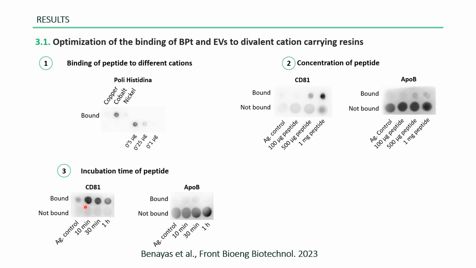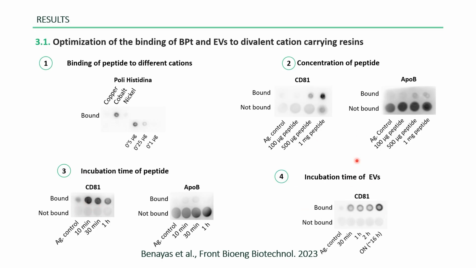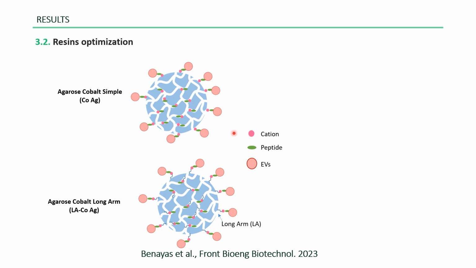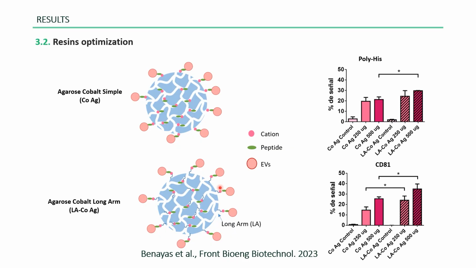And also we optimized the time of incubation of the peptide with the beads and then of the extracellular vesicles with the beads. We also checked whether a longer spacer in the resin affects binding, and indeed with the longer arm resin we have better results of EV binding.